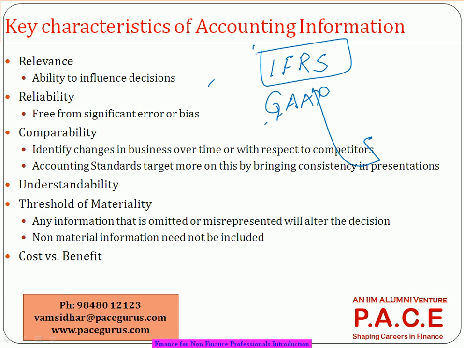Today, almost all the public limited companies in India, all the listed companies, are presenting their financial statements as per IFRS only. So we don't need to bother about Indian GAAP and all, because now there is nothing. By 2014, every company, even the smaller ones, has to move towards IFRS-based reporting only.